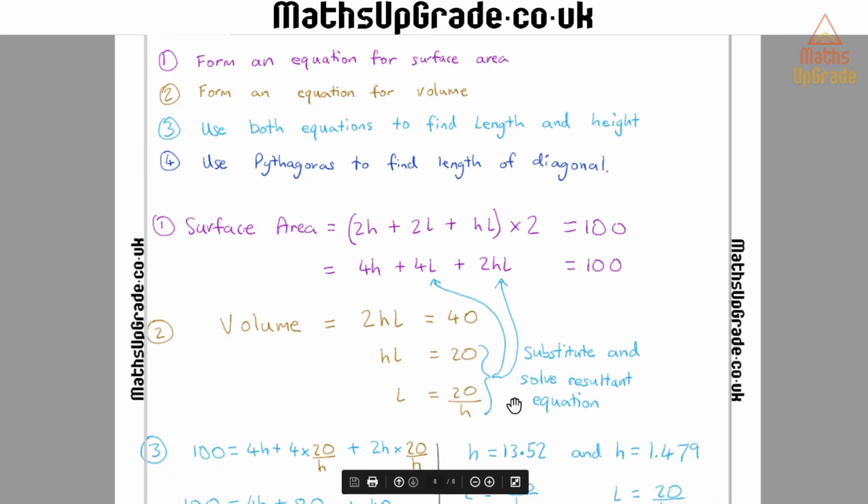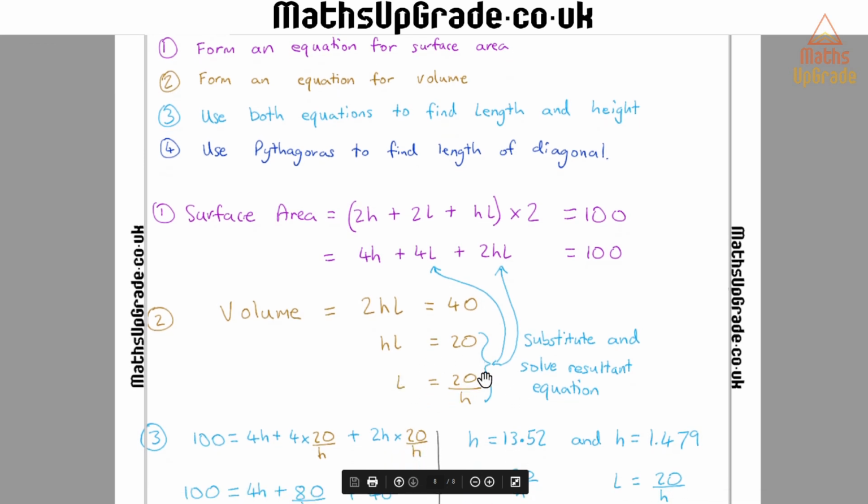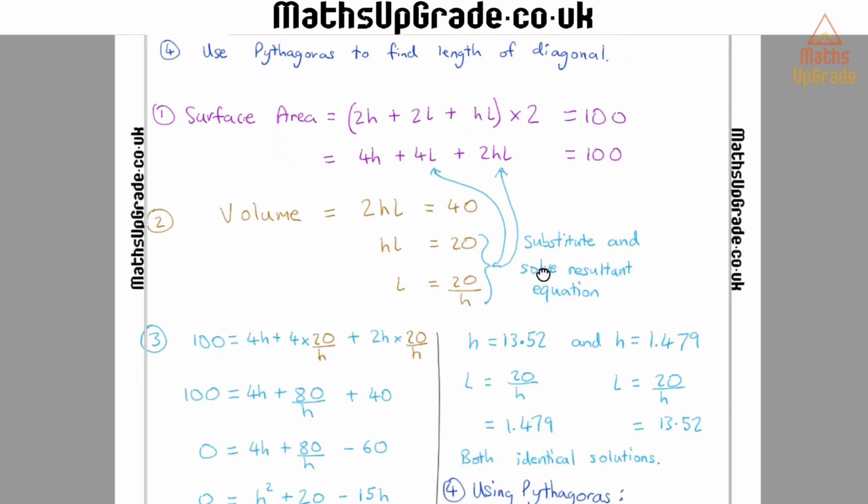What I'm now going to do is substitute this equation for L into the equation which I formed earlier. So that's what I'm doing here underneath. So now I've got 100 equals 4h plus 4 lots of L, which is 4 lots of 20 over h, plus 2 lots of hL, which is 2 times h times 20 over h.